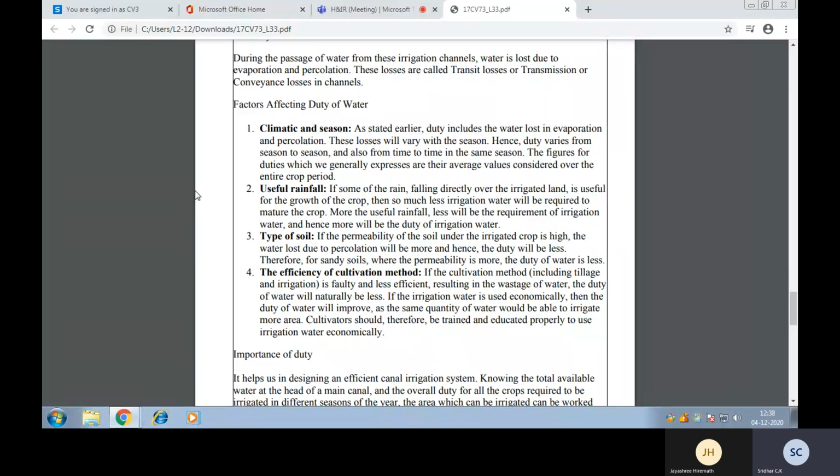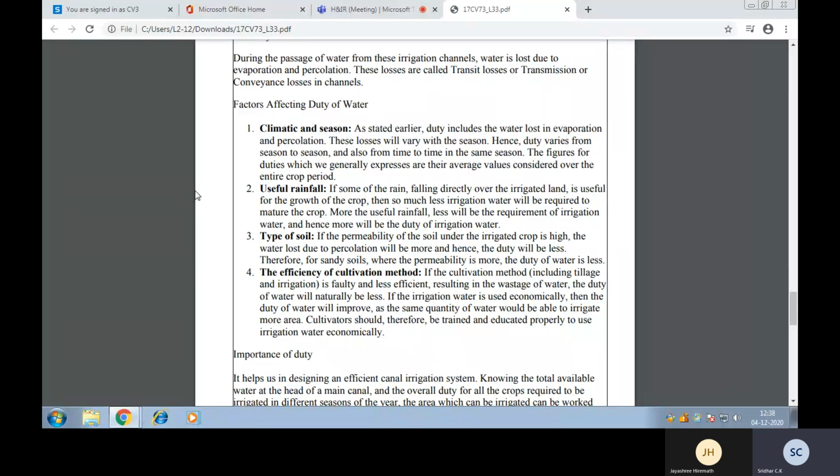So that is also affecting the duty of the particular year for the particular crop development. The rainfall intensity plays an important role, and the type of soil, as I mentioned in the earlier discussion, is a very important consideration.